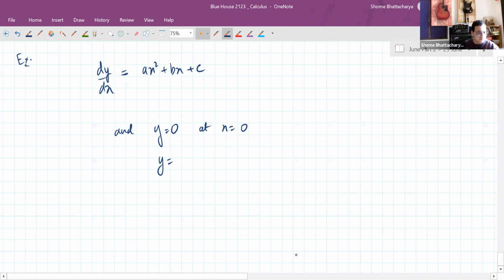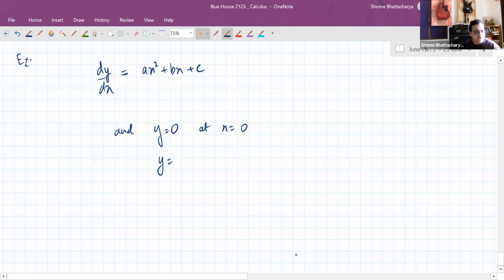Just give me a moment. Yeah, this would have been in worksheet 2. Y was equal to 0 at 0, then 6 at 1.